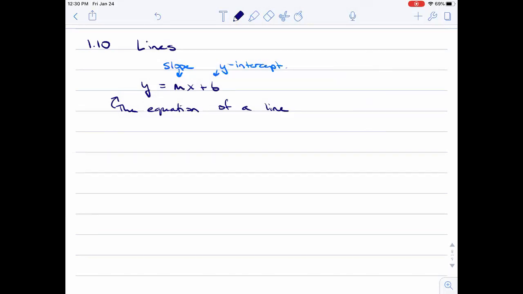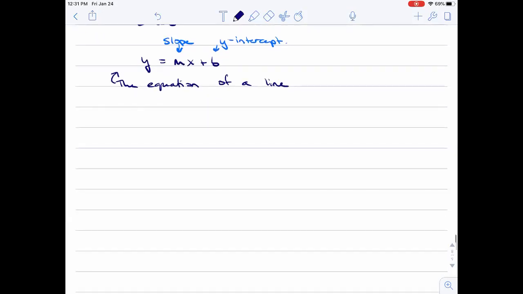And so if we have a graph, then usually it's kind of easier to tell what the slope is going to be, right? Because we can look at the change in y over the change in x. But what we'll want to do is just given 2 points, we'll be able to find the slope between those two, right?